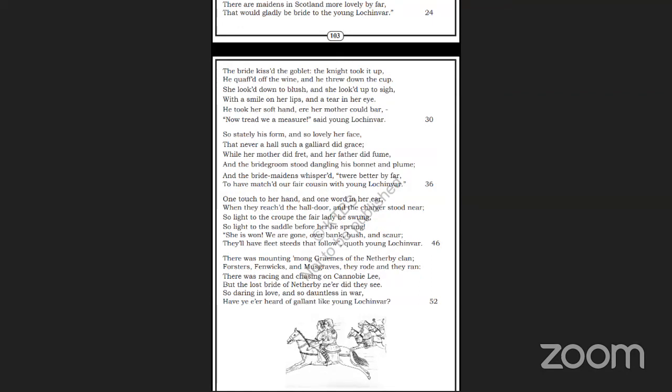And see, all this was being observed by Ellen's mother. And Ellen's mother, remember, also knew. Ellen's mother very clearly knew that if this man has come here, he will do something. And Ellen's mother did not want Ellen and Lochinvar to dance.